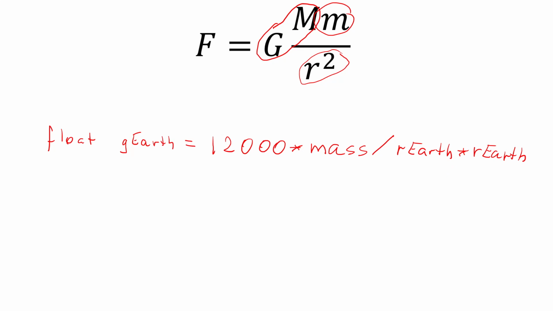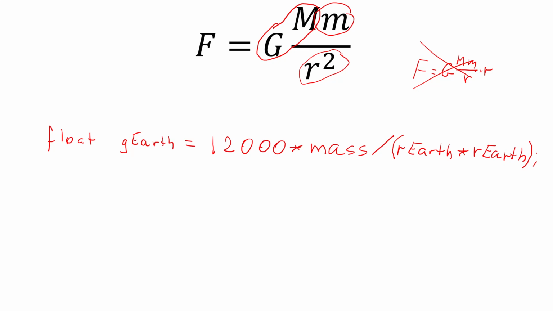Now the problem is that if you write it like this, and this is a common mistake, this would in fact make a calculation like this: GMm divided by R multiplied by R. This is definitely not what we want to get. Therefore we have to add a pair of brackets here in order for C++ to exactly understand what we are going to do.